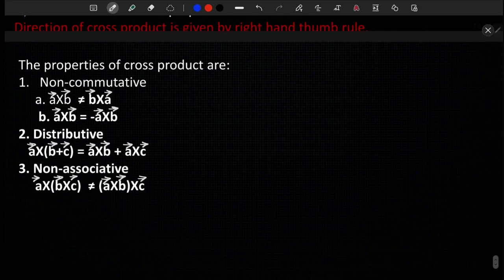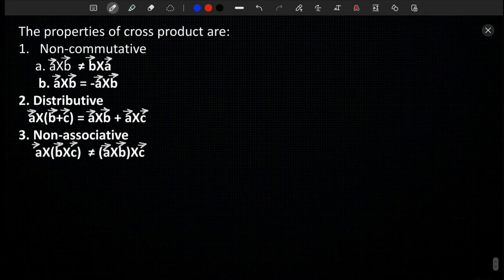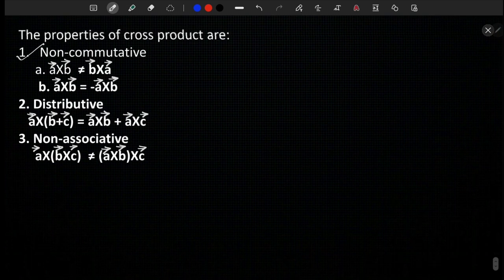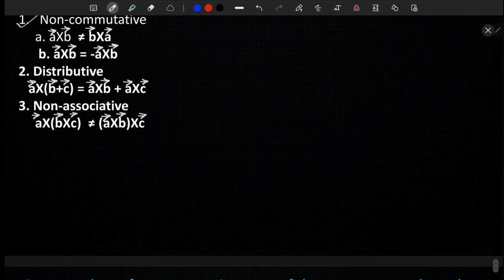The properties of cross product are: non-commutative, which means a cross b is not equal to b cross a, and a cross b is equal to minus b cross a. And it is distributive, so this is the distributive law.